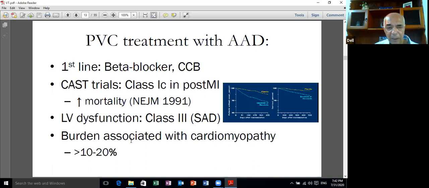Because the PVCs will result in conduction disturbance and impairment of ventricular function and may push the patient into heart failure, particularly those who have a left bundle branch block morphology. Recently, it was shown that even 5% of the total beats per 24 hours, if they are ectopic in origin, can still produce a cardiomyopathy.